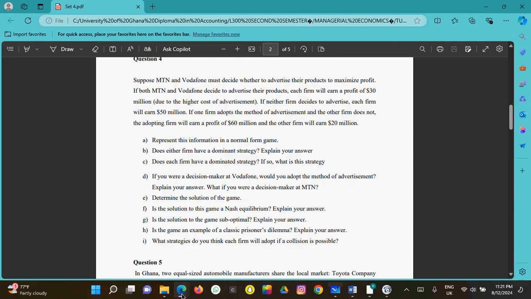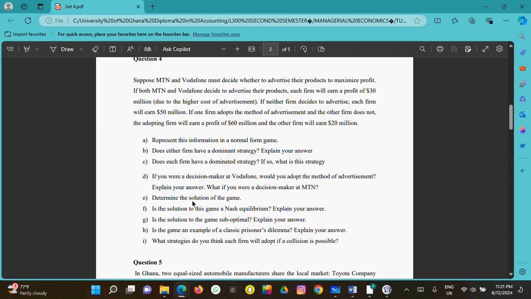So you write that and put your small explanation. Since Vodafone has a dominant strategy, I'm going to advise Vodafone to advertise. Then since MTN also has a dominant strategy, if I were the decision maker, I would advise them to advertise, right?